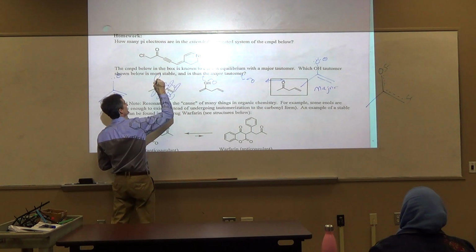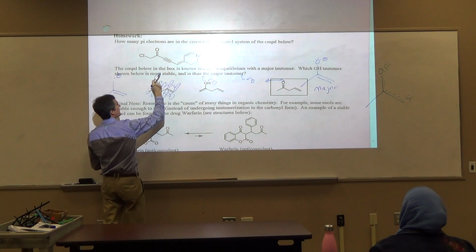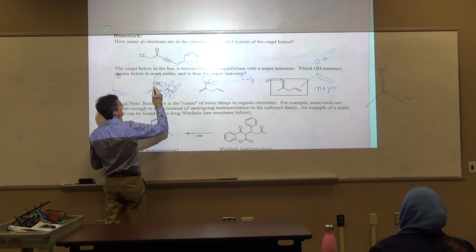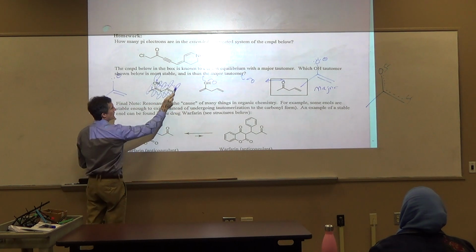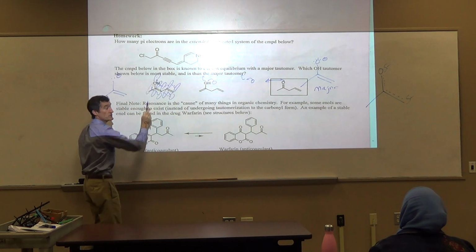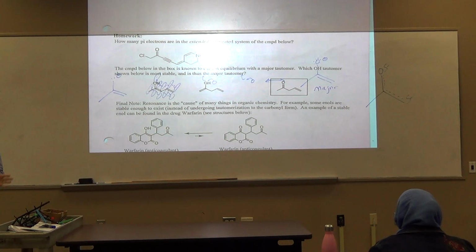And one of these lone pairs is in a p orbital because anytime a lone pair is next to a pi bond, it's going to want to be in a p orbital. And you have a pi system there. How many electrons in the pi system? 1, 2, 3, 4. Lone pair makes 6. The lone pair is conjugated with the 2 double bonds. It's 6 electrons. Seeing it now, should you have gotten 6? I would hope so, yes.